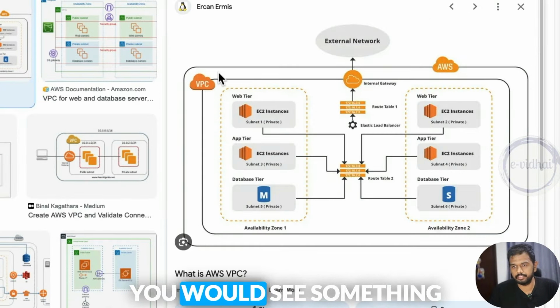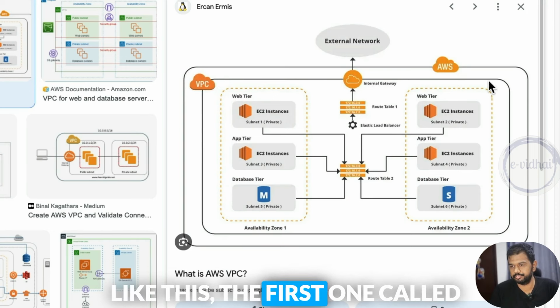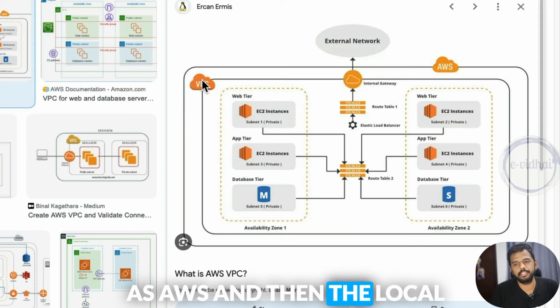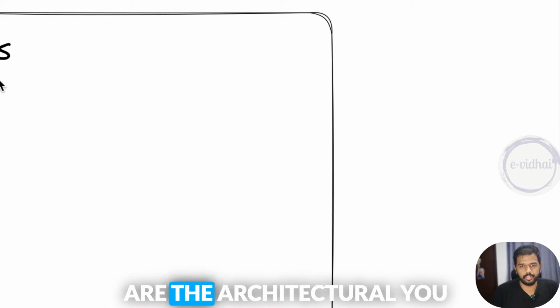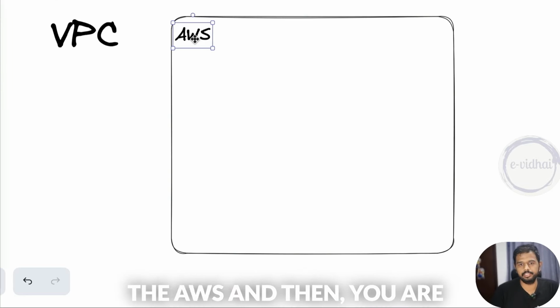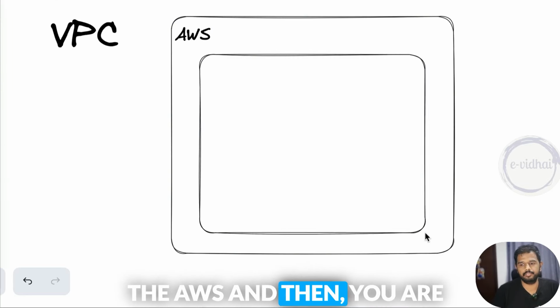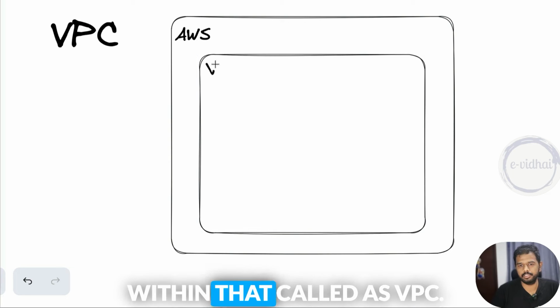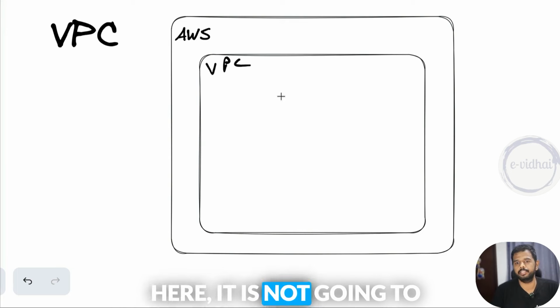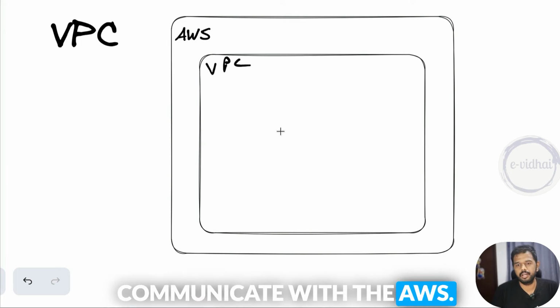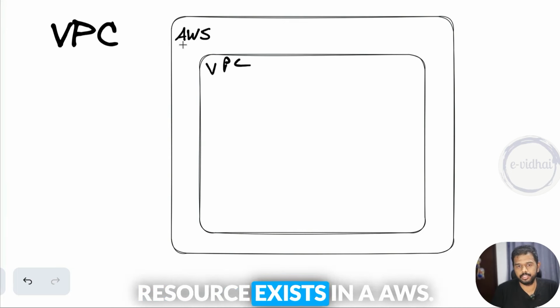The first one is called AWS, and then the local one would be the VPC. So what they say is, whatever architecture you are designing, it's within AWS, and then you are adding one more level within that called VPC. So any components you place within here, it's not going to communicate outside, even if the resource exists in AWS.